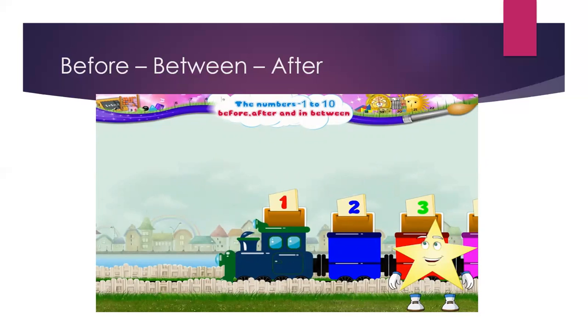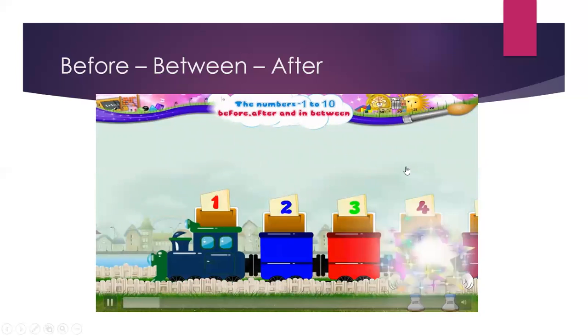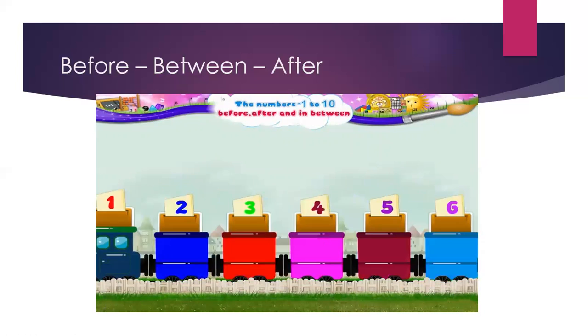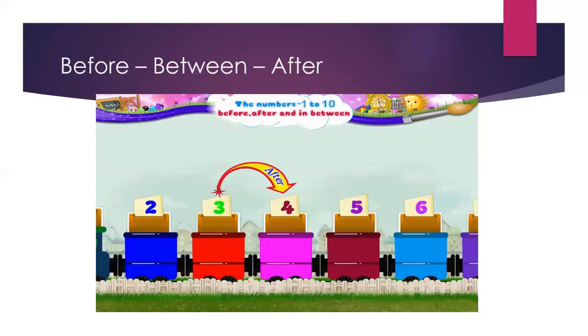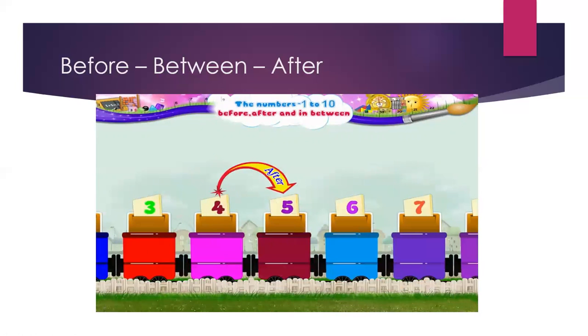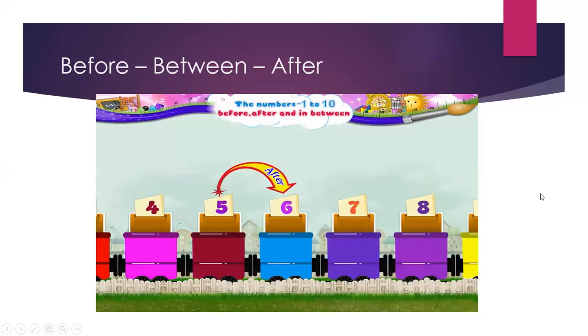The number that comes after the number 1 is the number 2. After 2, we have the number 3 and then 4. Now after 4 comes the number 5, followed closely by the number 6.